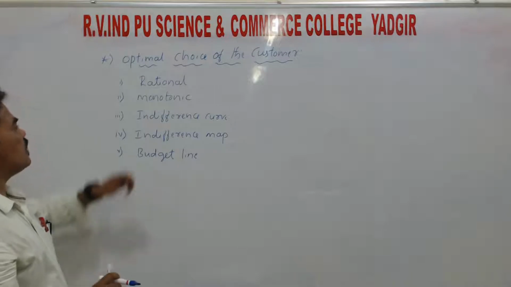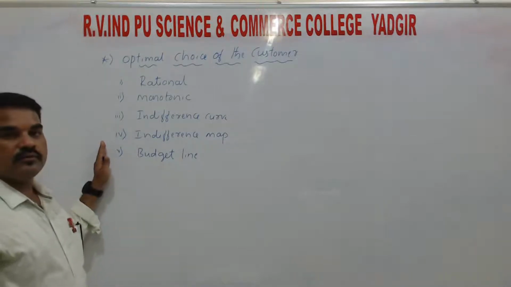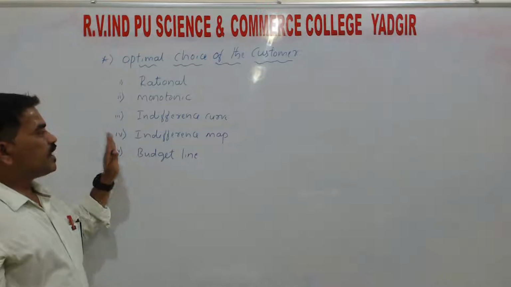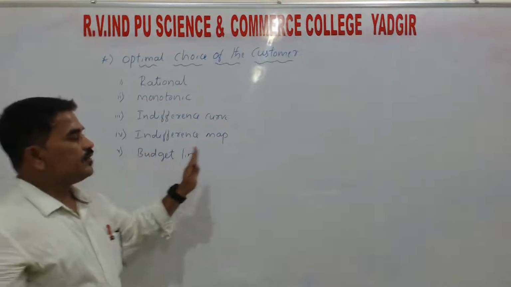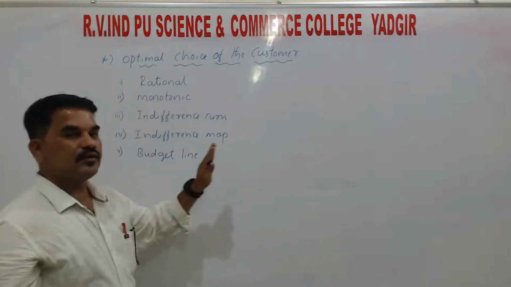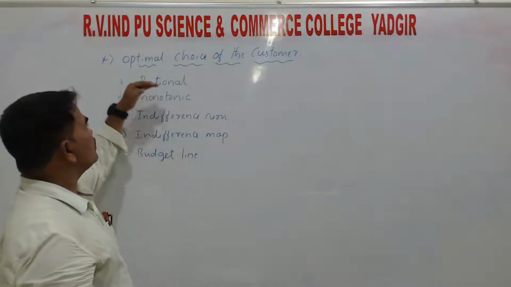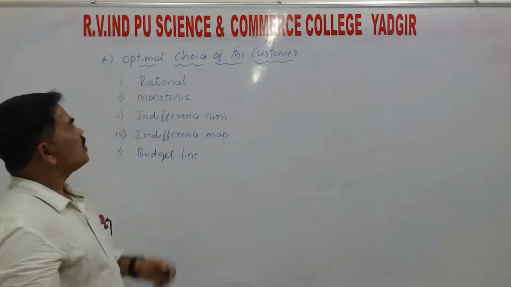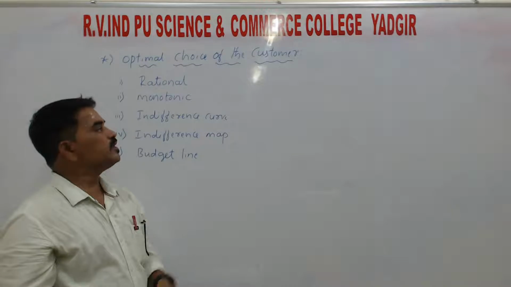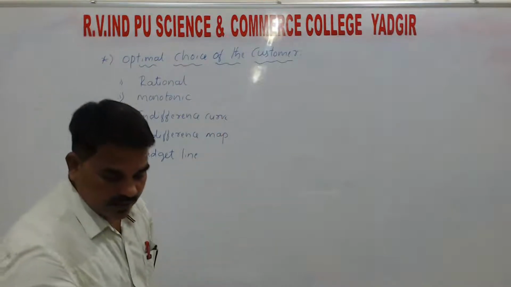So we'll try to understand these five terms. If we understand this, then we can decide which bundle gives him maximum satisfaction. That we call the optimal choice of a consumer or customer.